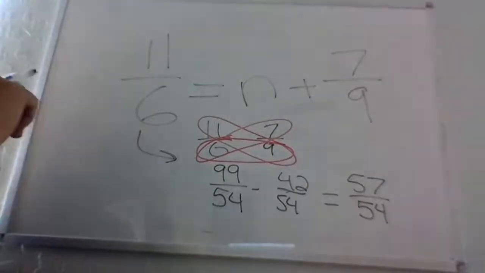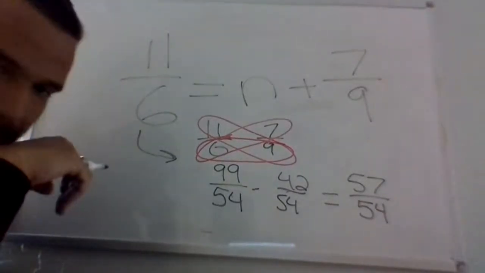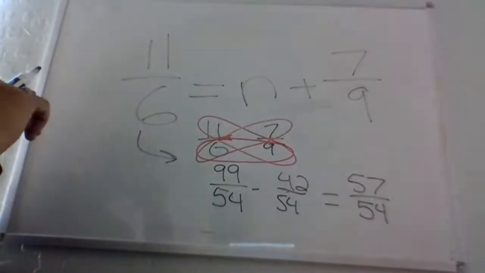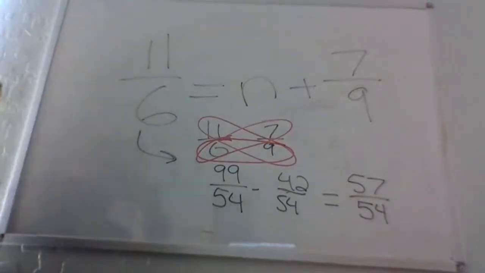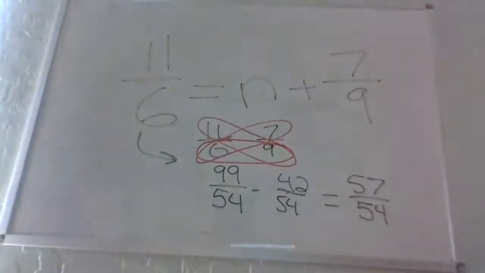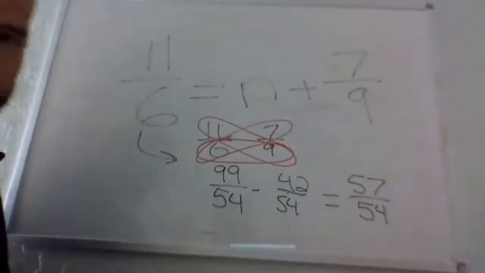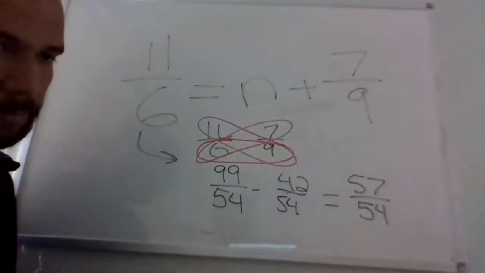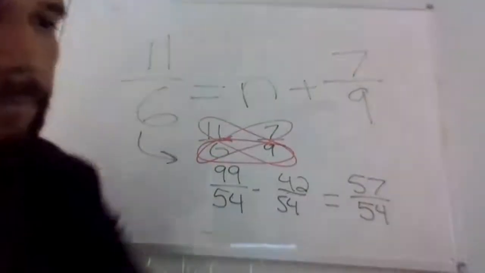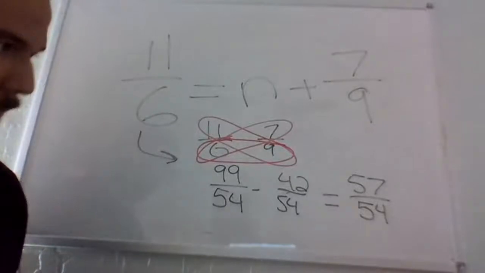Now, is there any number that can go into both 57 and 54? One. Evenly, no. Well, remember that trick I taught you? So you divide the bottom into the top?